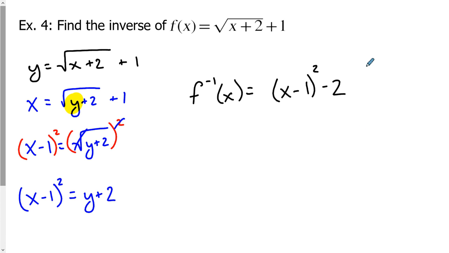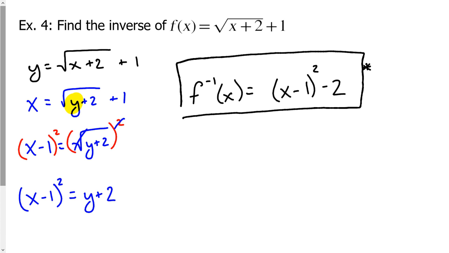Okay, now I am going to put a little asterisk over here because there are some things that we would need to consider when looking at this inverse function. But for the purposes of this class, we're going to say that this is an accepted correct solution, okay?